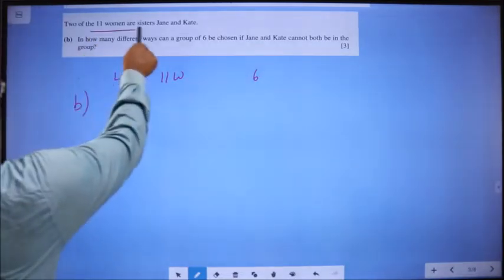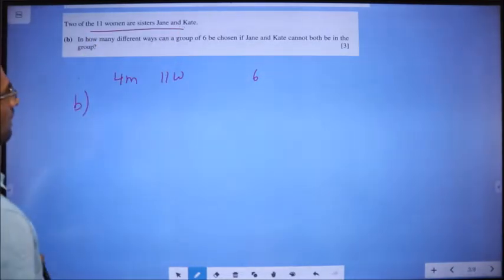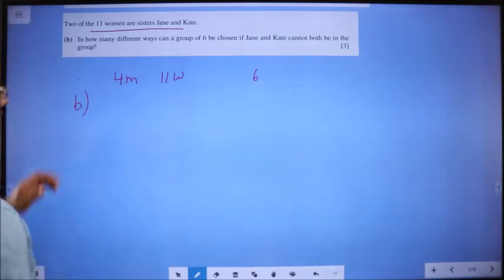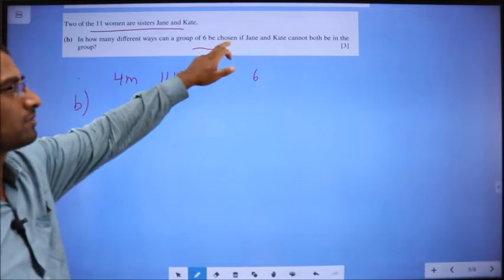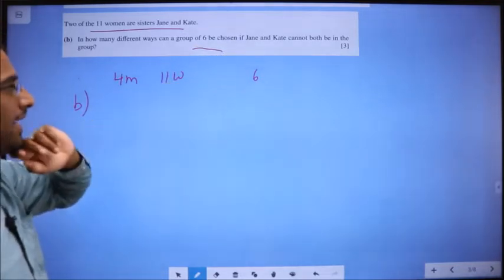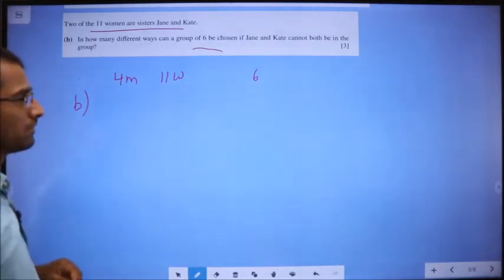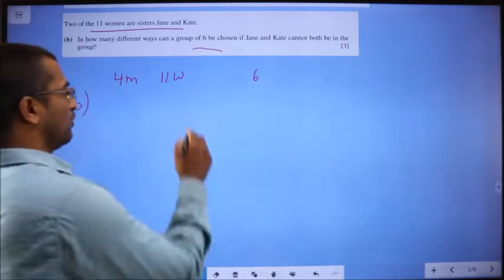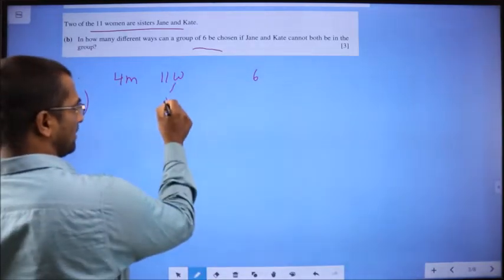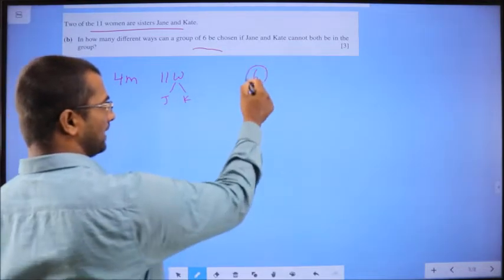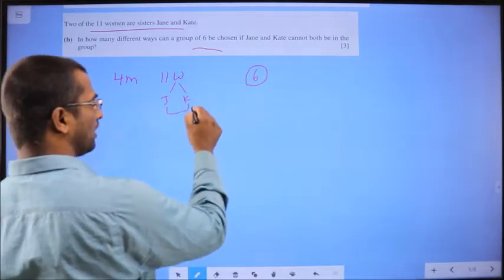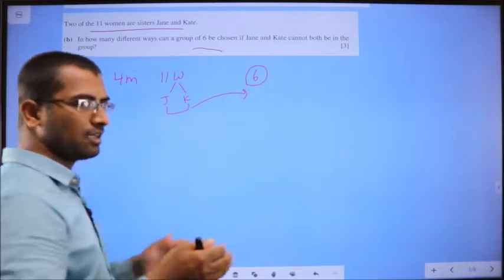Part B. Two of the 11 women are sisters, Jane and Kate. In how many different ways can a group of 6 be chosen if Jane and Kate cannot both be in the group? The condition is that in my selection these two should not be present together.